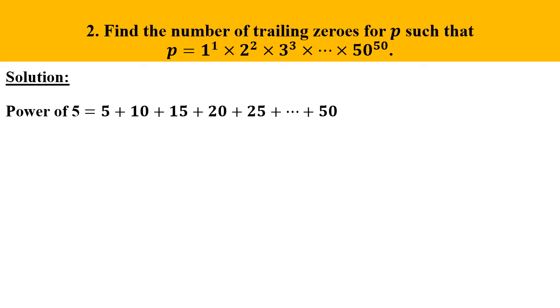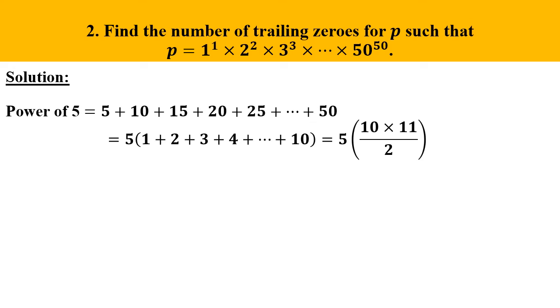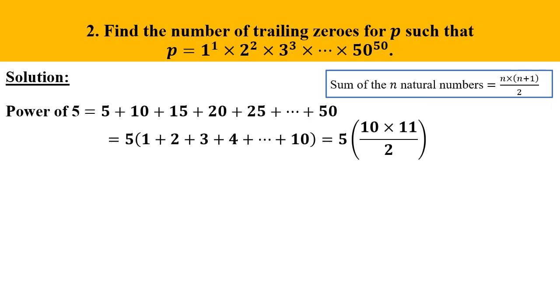So the power of 5 equals 5 plus 10 plus 15 plus 20 plus etc., up to 50. Take 5 as common: 5 into 1 plus 2 plus 3 plus 4 plus etc., up to 10. So this can be written as 5 into 10 into 11 divided by 2. This is because the sum of n natural numbers equals n into n plus 1 divided by 2.